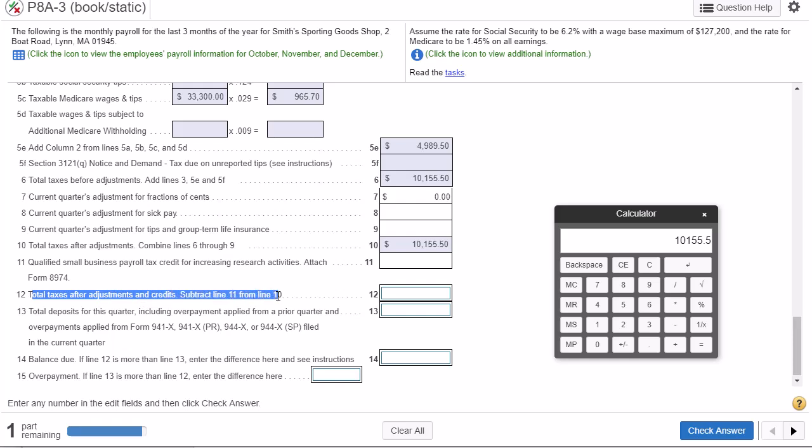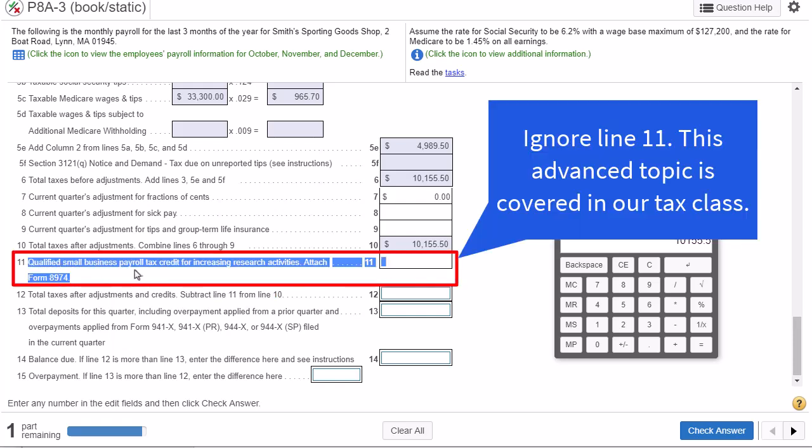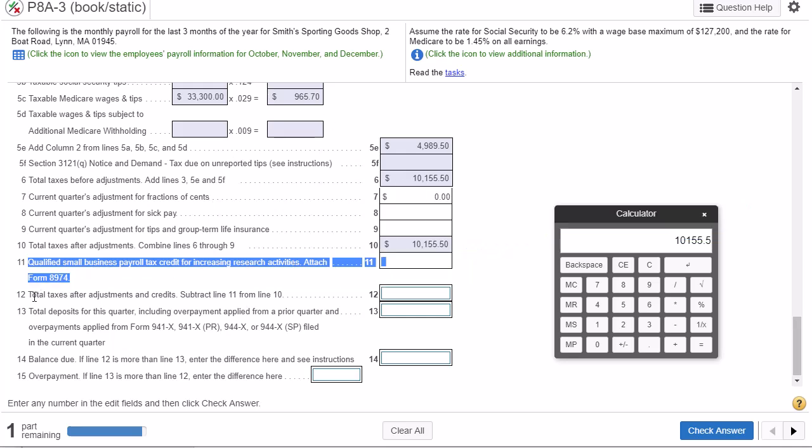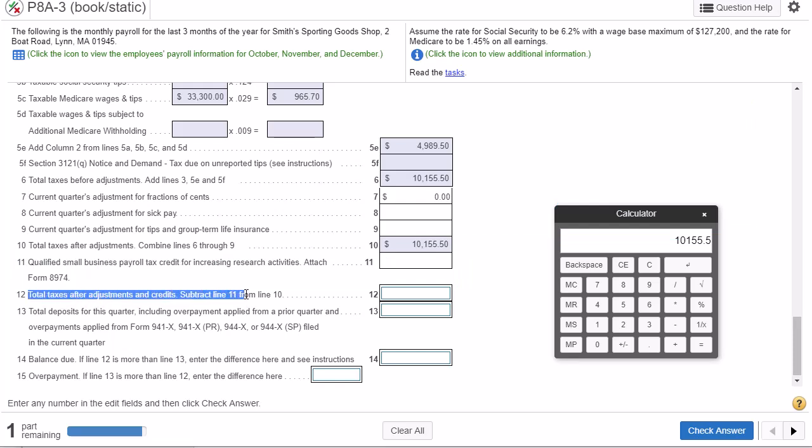Subtract line 11. Oops, I skipped line 11. Line 11, qualified small business payroll tax credit for increasing research activities. That's an advanced topic for the tax class, so we're going to leave that blank. They give us no information about that in this problem. So line 12, total taxes after adjustments and credits: subtract line 11, 0, from line 10.